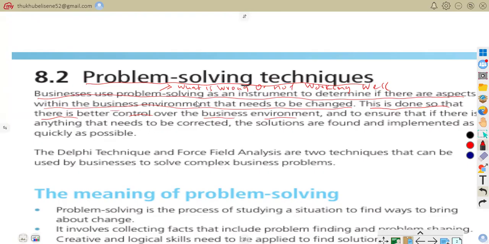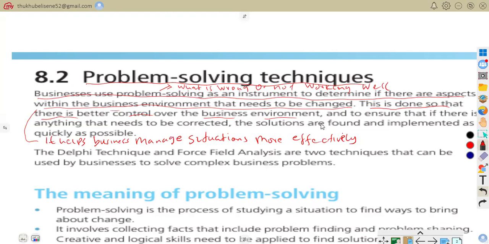Get that very well. For example, fixing customer complaints improves service quality. Hope we are on one page, good people.